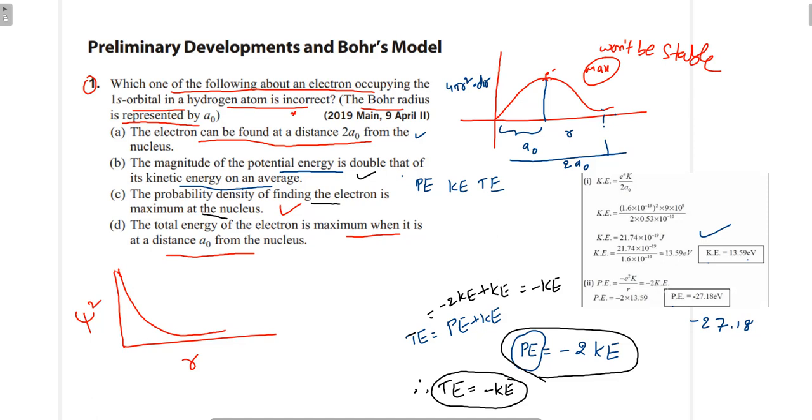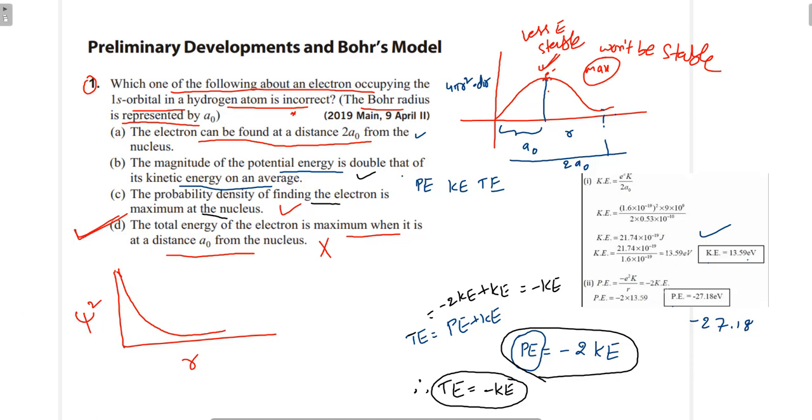Here we are finding the electron, which means stability is there. Finding maximum electron here means stable. Stable means less energy. Total energy of the electron is maximum when it is at a distance a naught? At a naught there is less energy, and the electron is maximally stable in that area. So this statement is wrong. Your answer will be D.